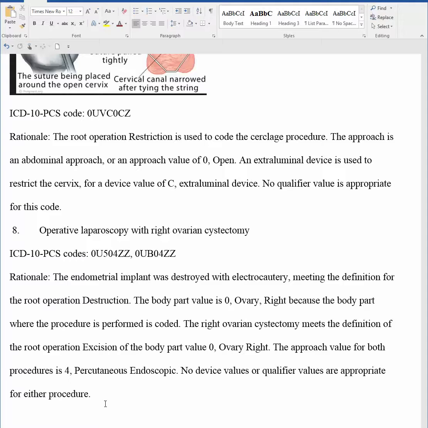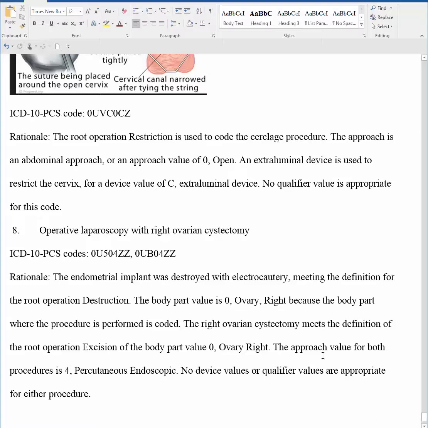Parts of the cyst wall were removed by grasping it with a dissector. The thin part of the ovarian capsule was excised using the scalpel and retrieved. So he destroyed this tissue that was implanted in the wrong location. That equates to the root operation of destruction.